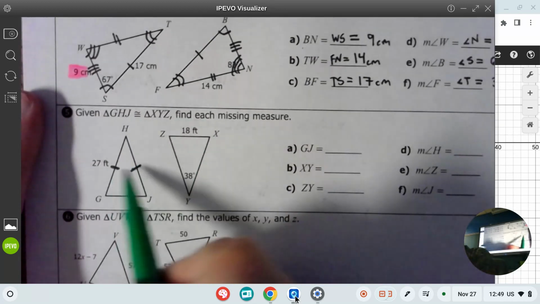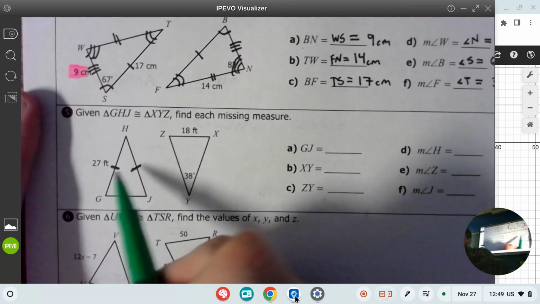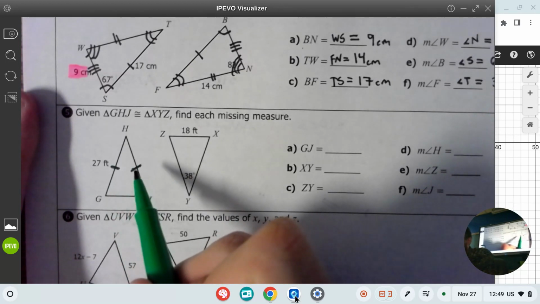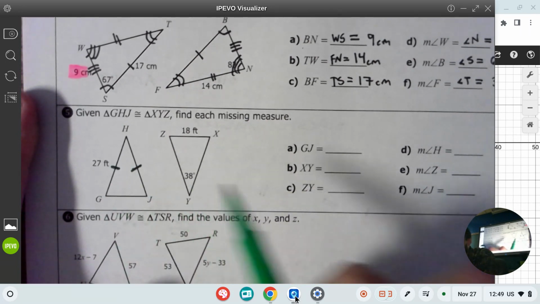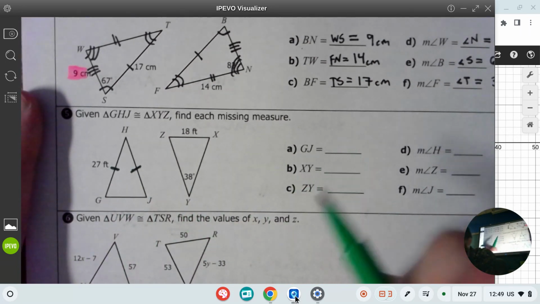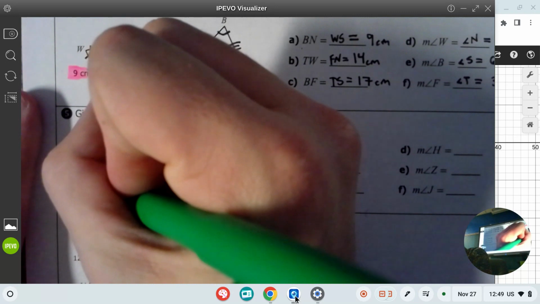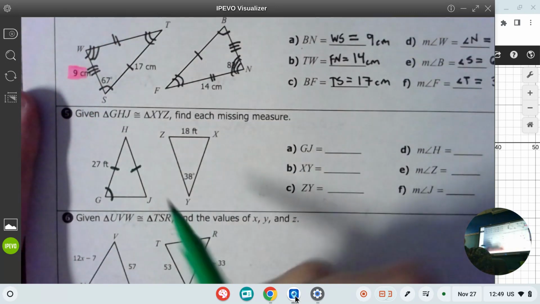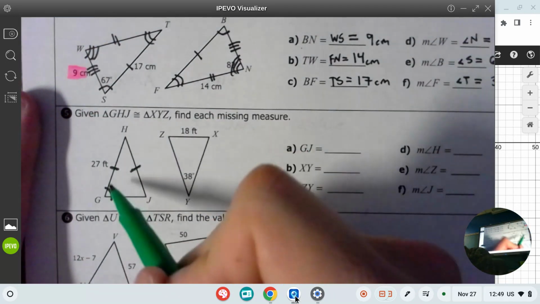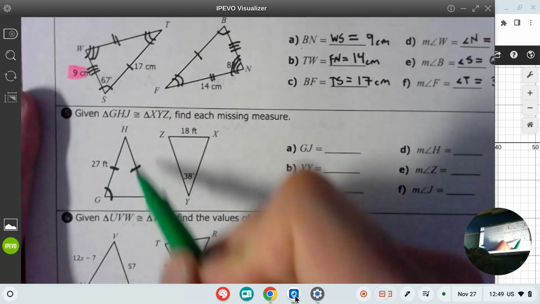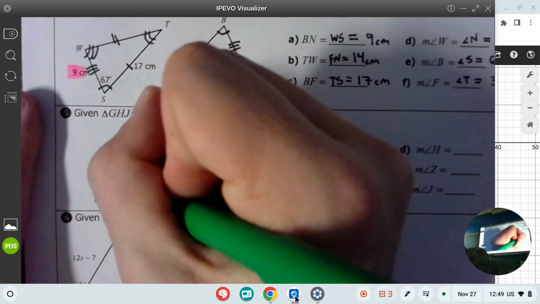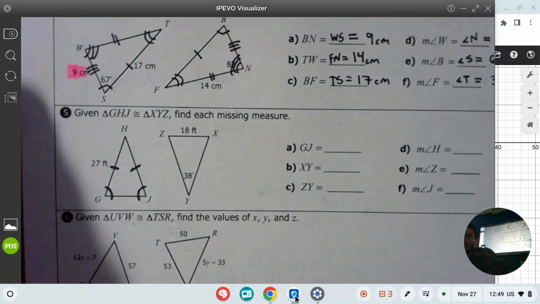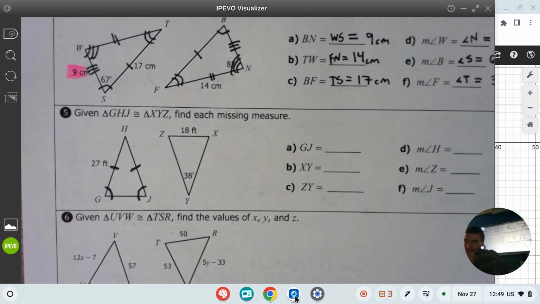When you have 2 sides that are equal to each other, you will also have 2 angles that are equal to each other, okay? Because whatever this angle is, angle G, it is opened enough to make this length, which is 27. Angle J is also going to be the same angle.